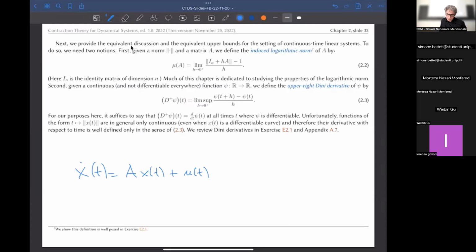And the other is this concept that the derivative with respect to time of a norm of a trajectory may not be differentiable everywhere. And so I'm going to use the upper right Dini derivative defined in this equation 1.3. And I'll let you read more about Dini derivatives.